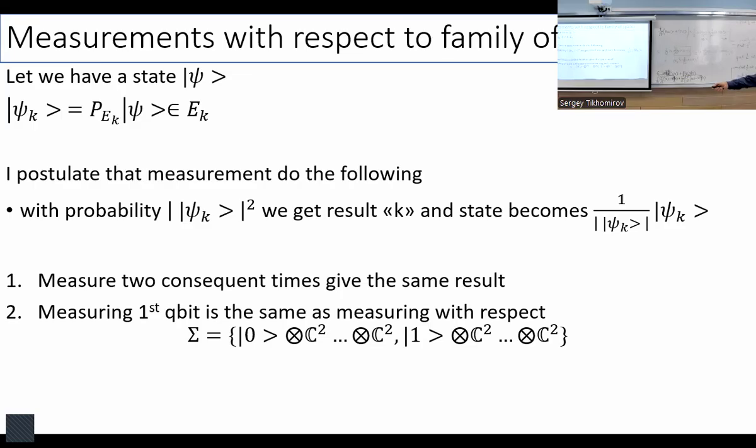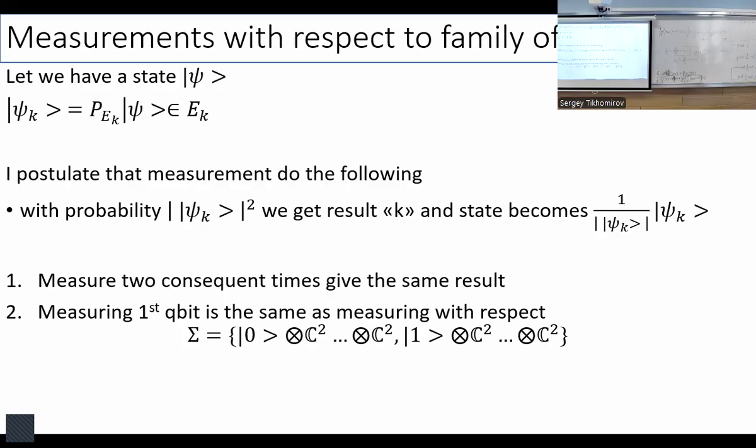One is the linear space corresponding to vector 0 tensor product with all other qubits, and the other is 1 tensor product with all other qubits. The sum of those 2 spaces gives the whole space, and those spaces are orthogonal. So this is a generalization.